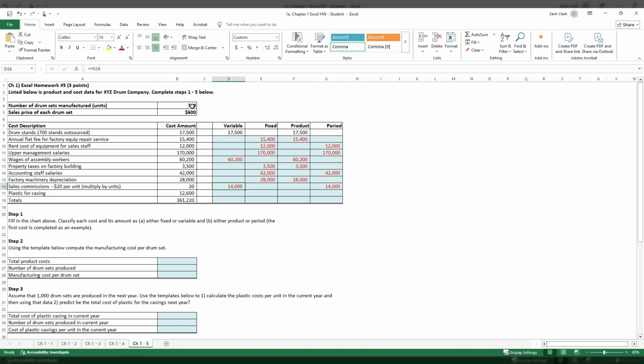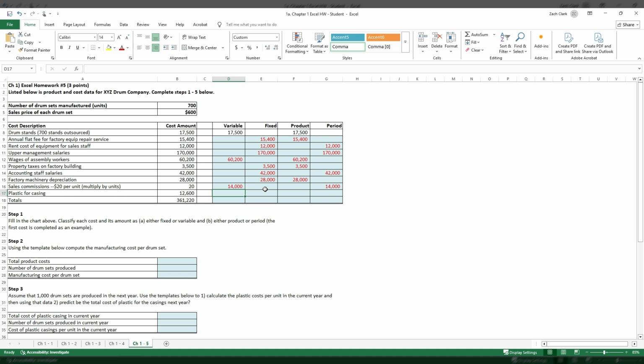Again, we're assuming that every manufactured unit is being sold, for simplicity's sake in this problem, but for every additional sale there is extra cost that we incur. So it is variable, but it is a period cost.